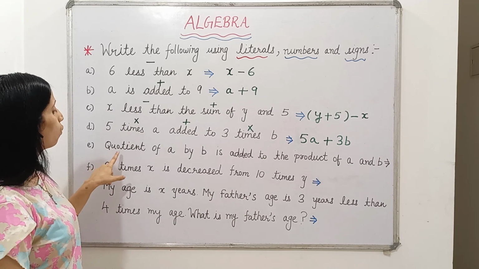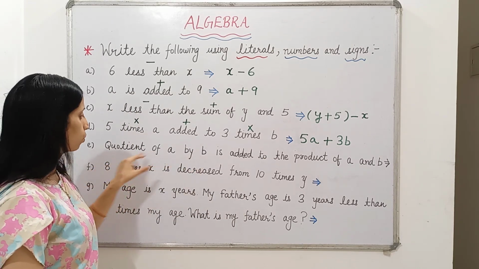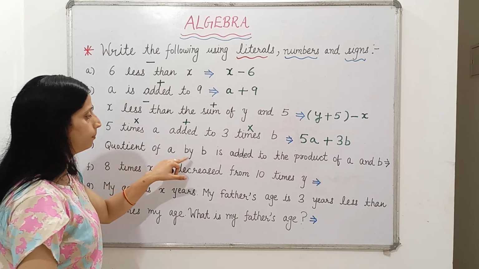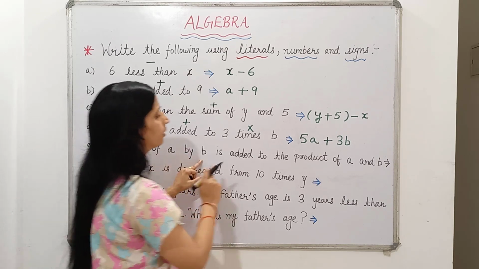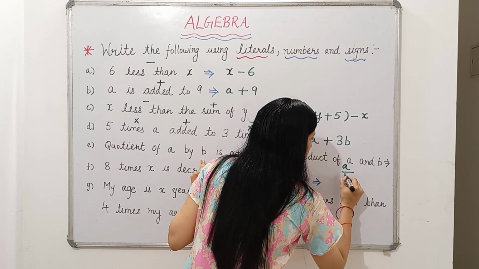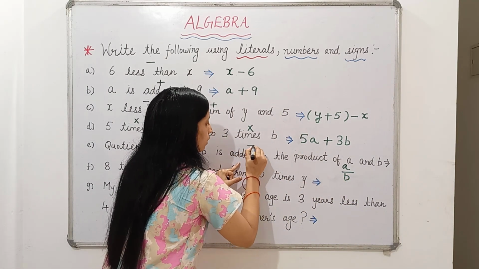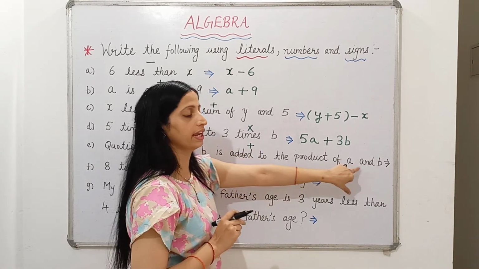Next, it is the quotient of a by b. Quotient means we will use the symbol of division. So a by b, we will represent it as a upon b. It is added to, so the symbol of plus will come, the product of a and b.